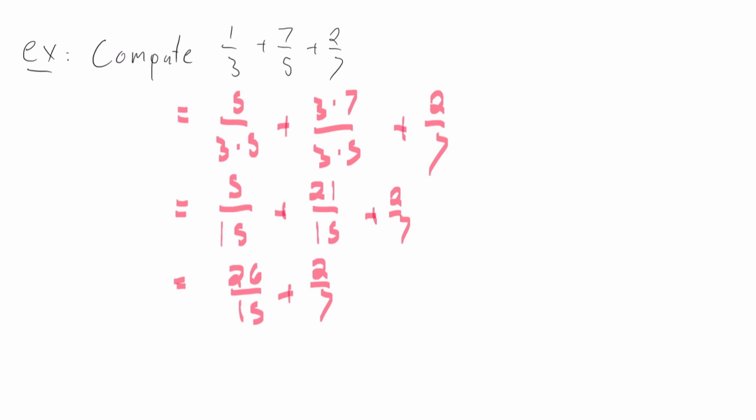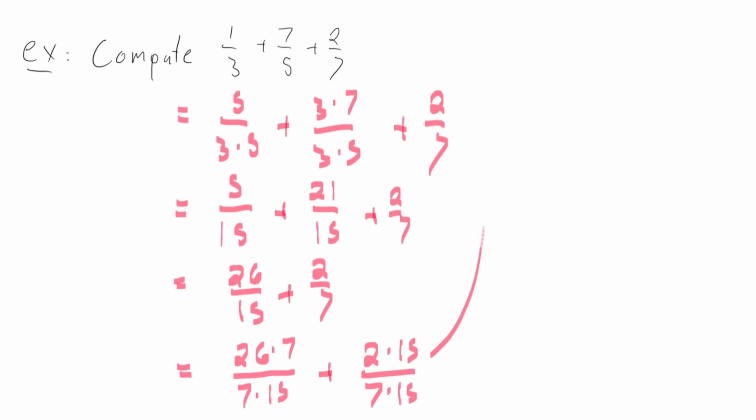Find a common denominator. So 26 times 7 divided by 7 times 15 plus 2 times 15 divided by 7 times 15. They have the same denominator now, so I can add them.